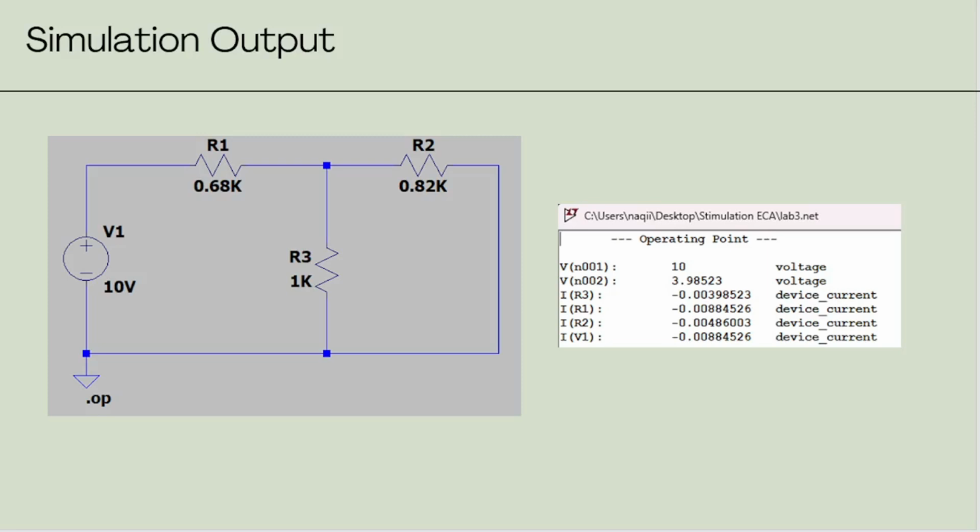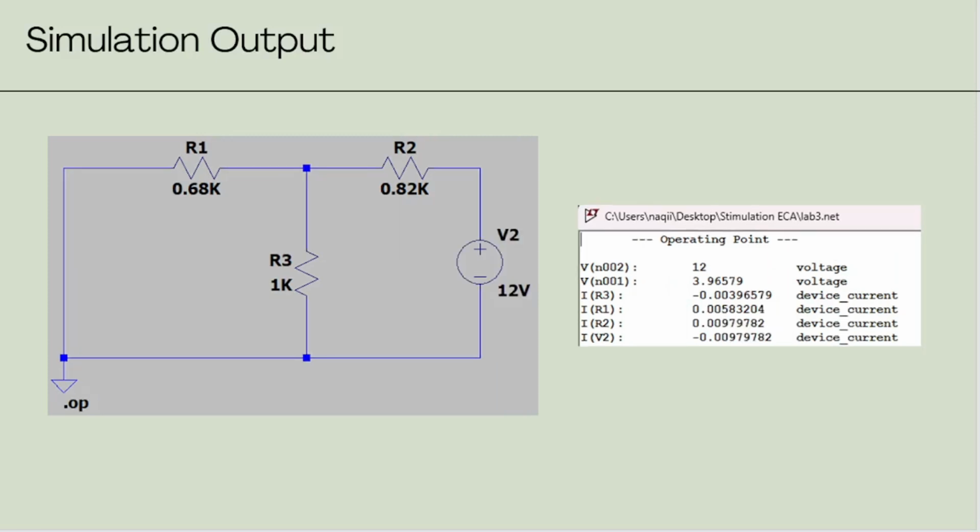Next, we look at the last circuit, where we take out V1 and place back V2, the 12 volt. R1 we have 0.05, R2 we have 0.009, and R3 we have negative 0.003 as the ampere reading from the simulation.